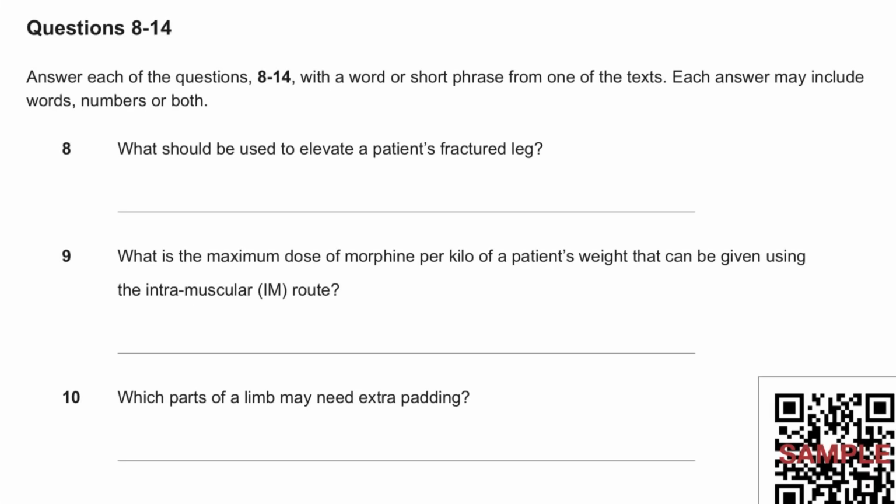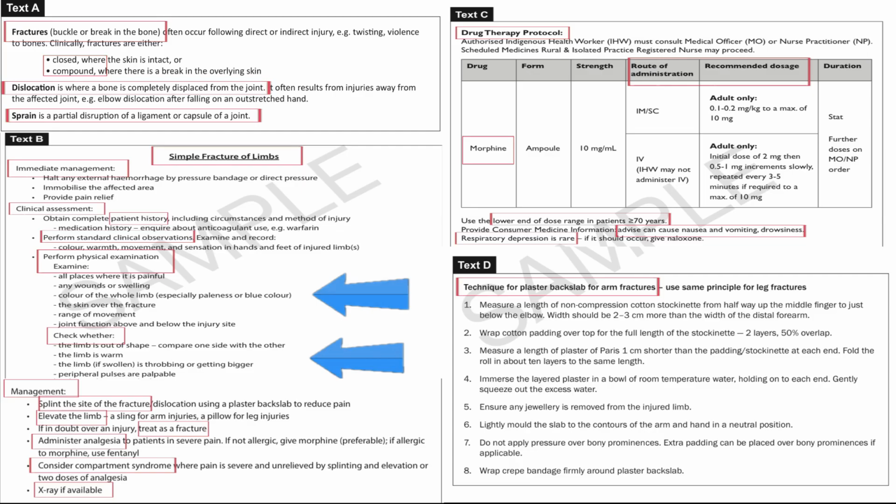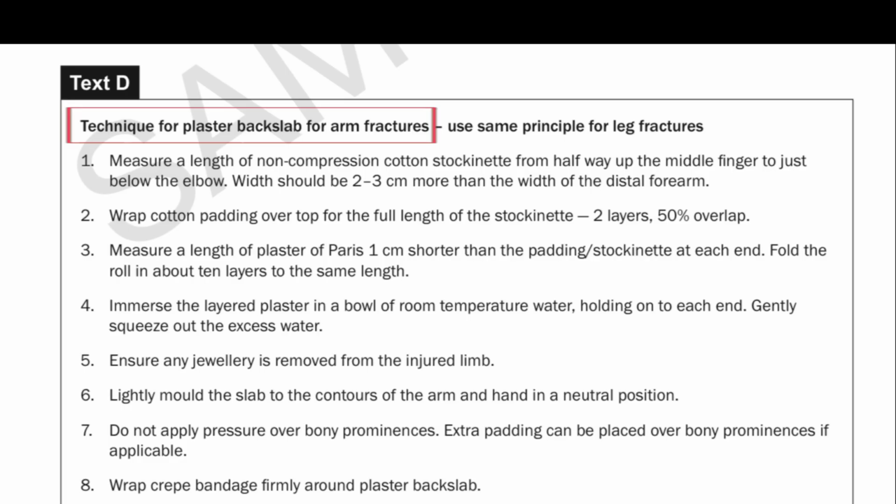Number 10, which parts of a limb may need extra padding? So keywords are extra padding. Now, looking at the extracts, we can assume that we can find this info in text D because paddings are usually used in the application of a back slab.